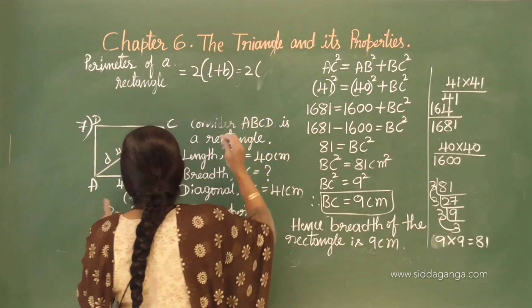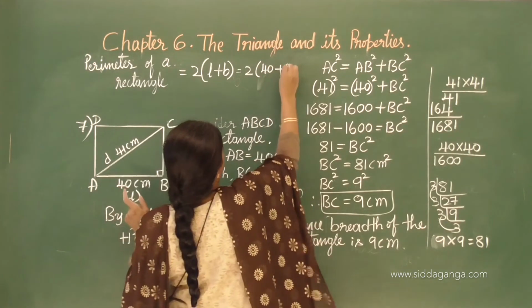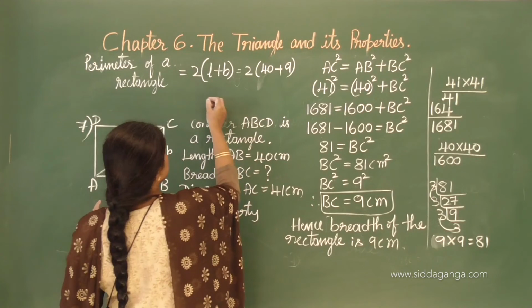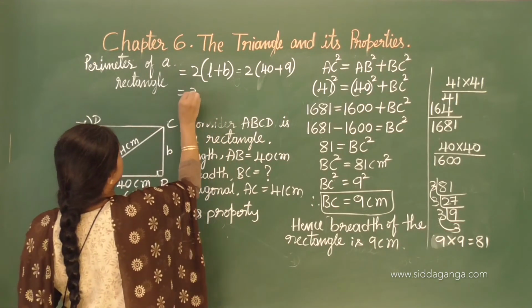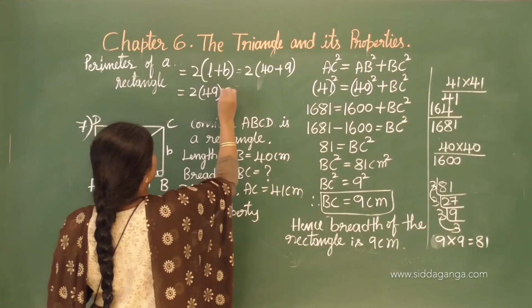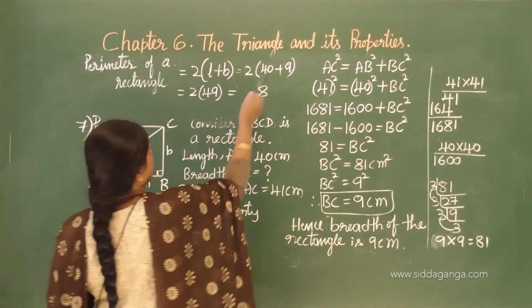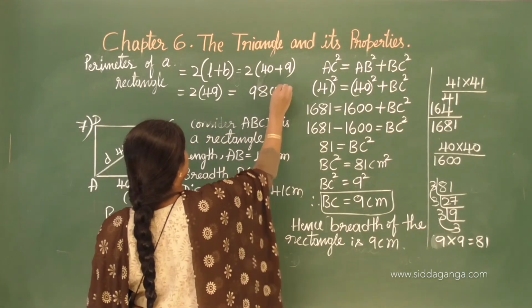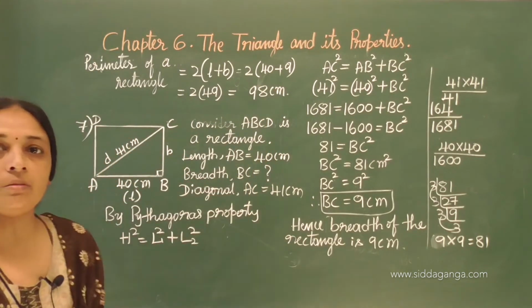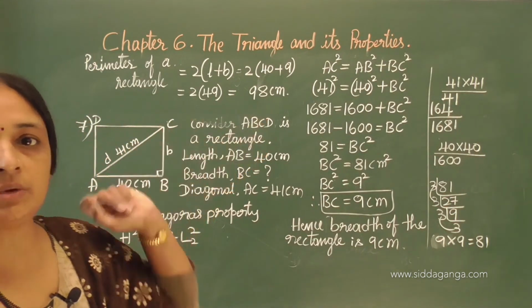What is L here? It is 40 centimeter plus B is 9 centimeter, 49. Then we get 2 into 49, 2 9s are 18, keep 1, 2 4s are 8, 1 more, it is 98 centimeter. The perimeter of the rectangle given is 98 centimeter.